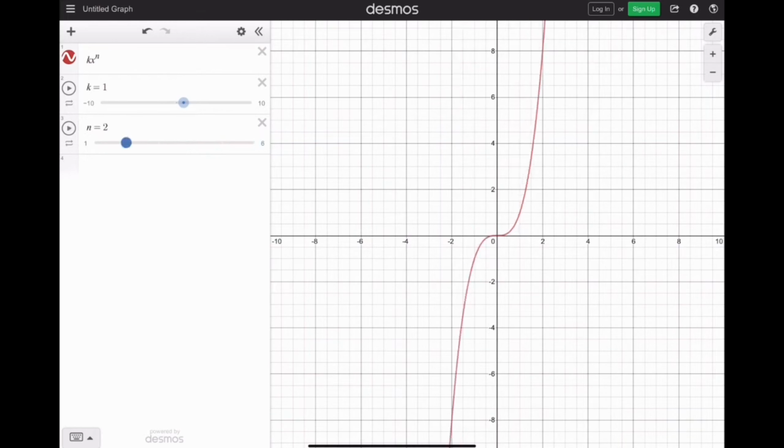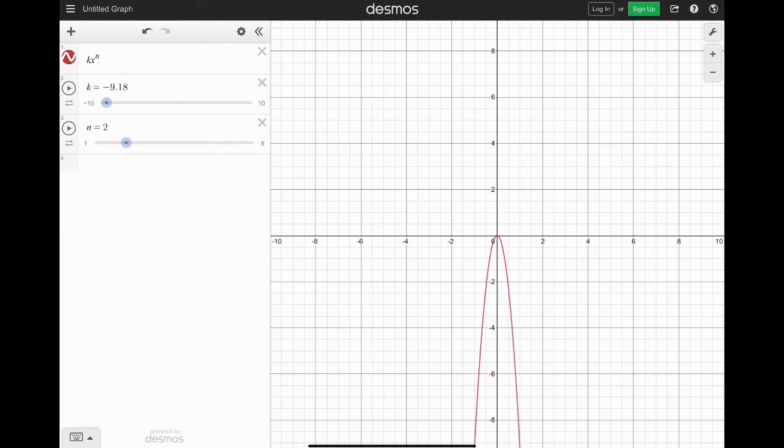What we did next was to fix n at 2 and then play with the values of k. This is probably where the play button actually makes a little bit more sense. You can see as k increases and becomes negative, the function goes from a wide parabola to the long stretched out version and then pointing downwards.